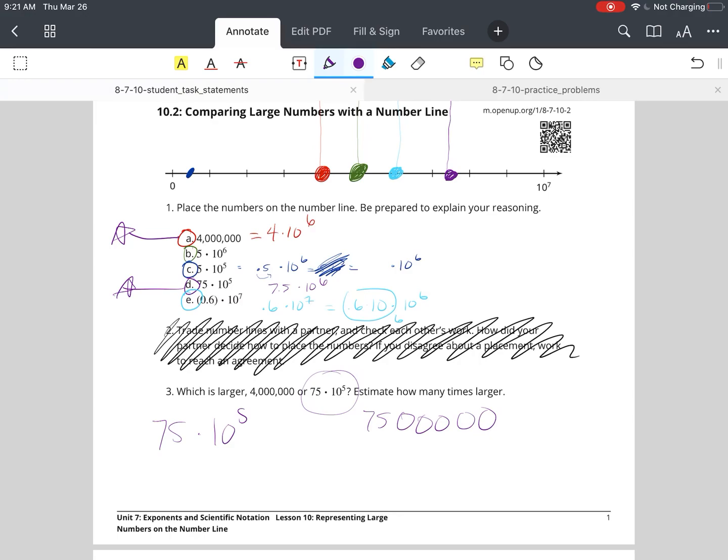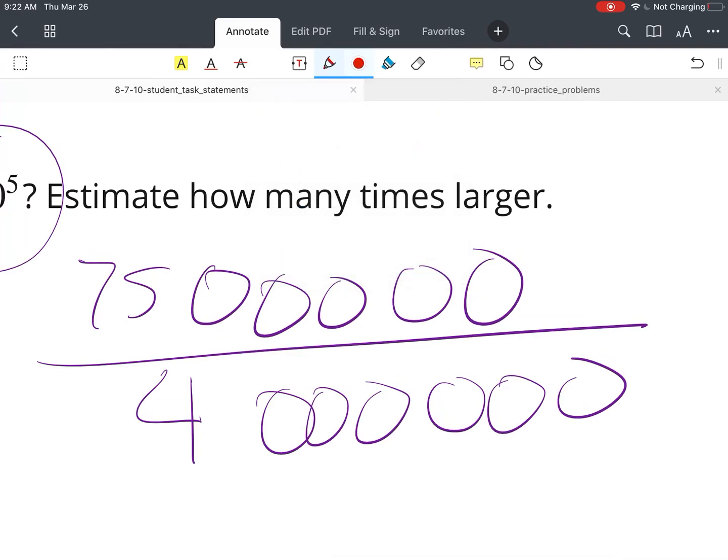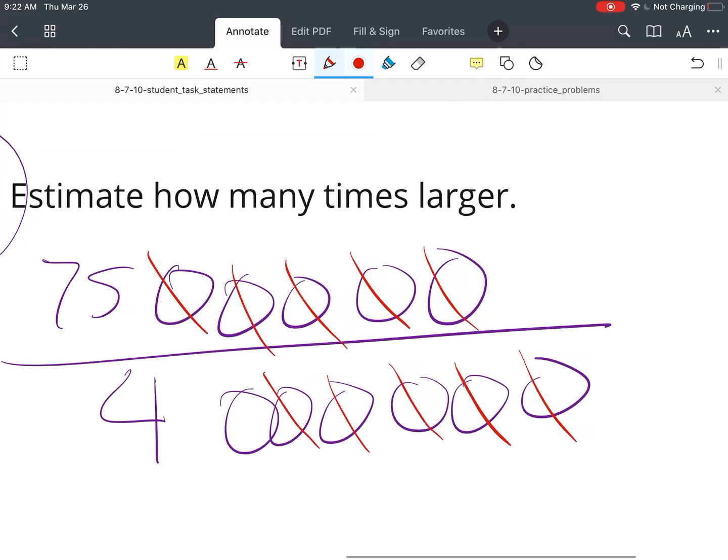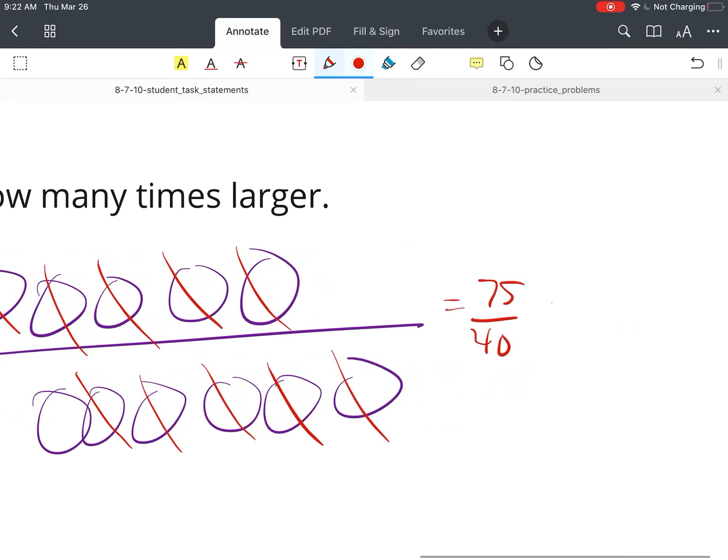So if you want to figure out how many times larger one number is over the other, you can just divide. Okay? Now, cool thing, these cancel, these cancel, these cancel, these cancel, these cancel. So now you have 75 over 40.